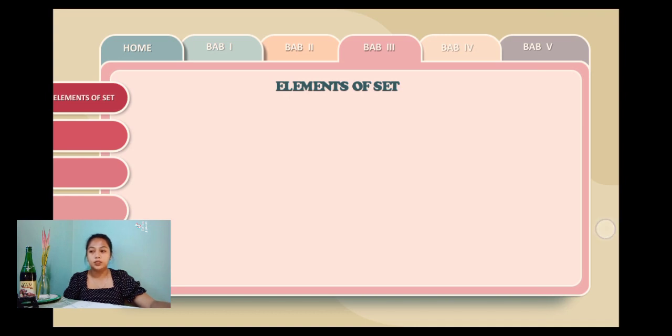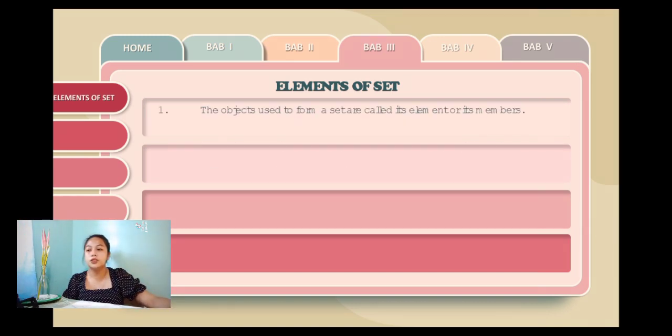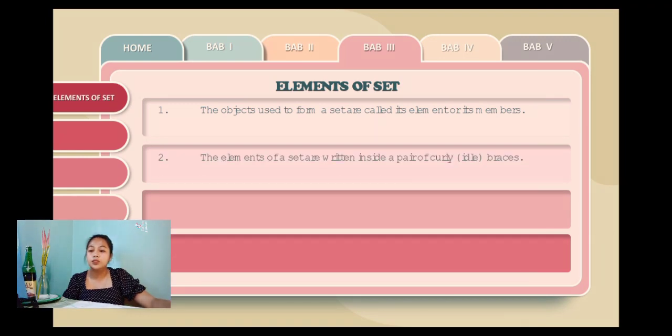So let's proceed to the elements of a set. Katulad nung notation of a set, we have to consider four things in terms of elements of a set. The first one is the objects used to form a set are called its elements or its members. Second, the elements of a set are written inside a pair of curly braces.